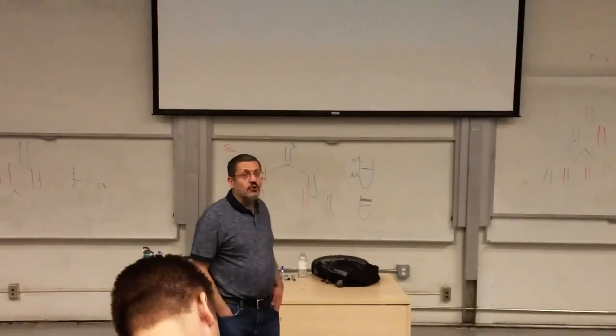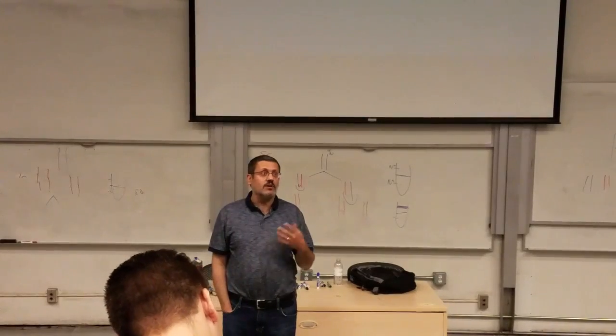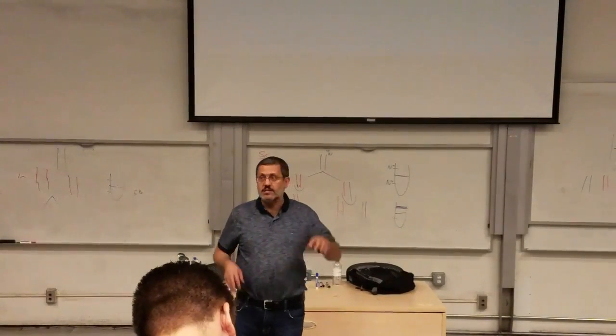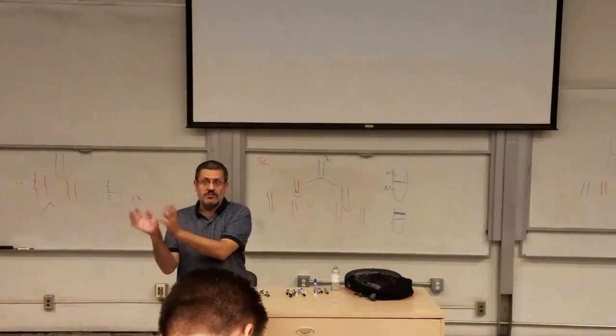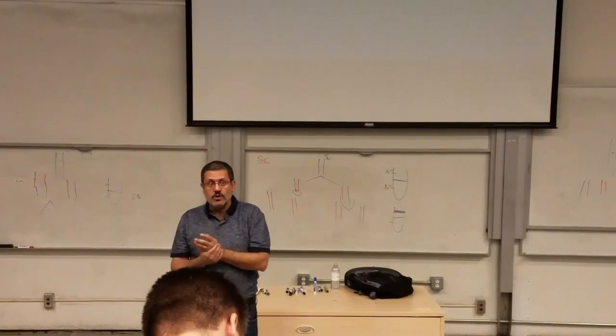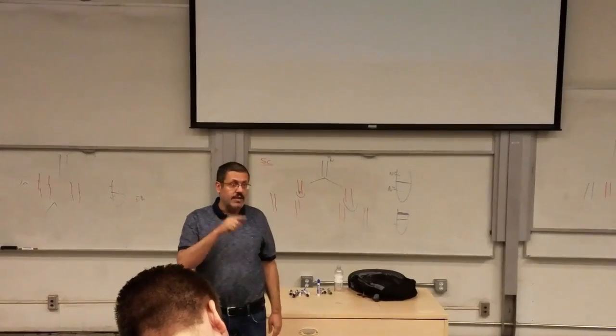You are expected to know the mechanics of DNA replication as well, knowing that it's semi-conservative. What are the enzymes? DNA polymerase. You have to be able to tell the difference between DNA polymerases in bacteria versus DNA polymerases in eukaryotes. In bacteria, we label them with Roman numerals: DNA pol 1, DNA pol 2, DNA pol 3.